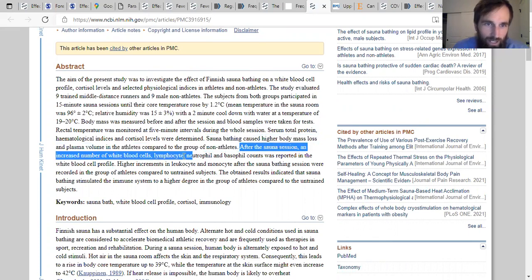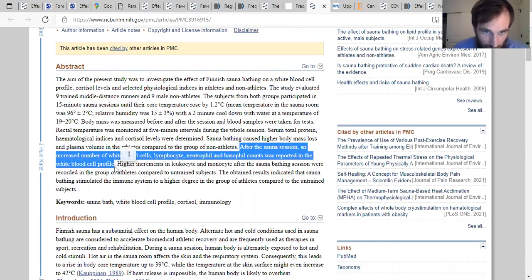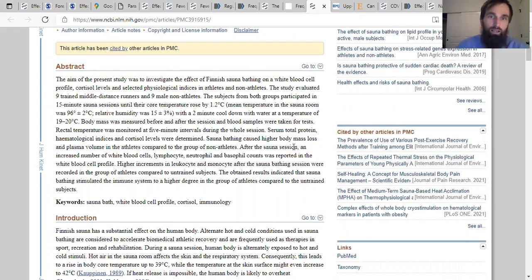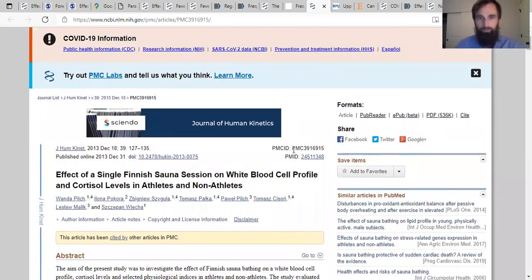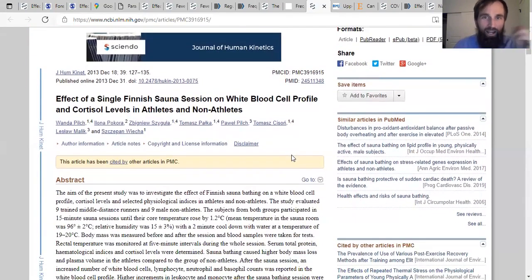After a sauna session, an increased number of white blood cells, lymphocytes, neutrophils, and basophil counts were reported in the white blood cell profile. Now, this was comparing athletes and non-athletes. The non-athletes didn't have as good outcomes with this.